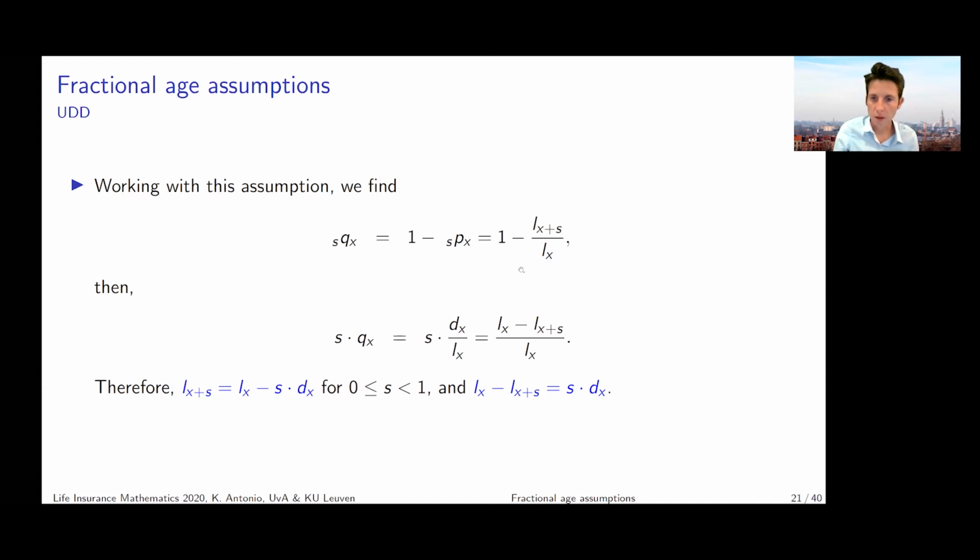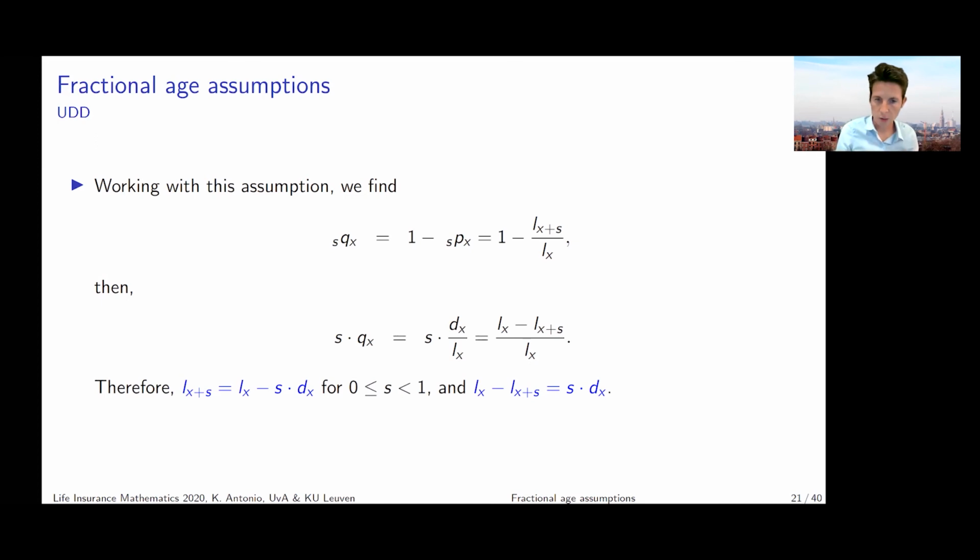So what do I know then? That this expression should be equal to the one at the bottom. And if I manipulate this expression, then that means that s multiplied with dx must be equal to lx minus l_{x+s}. So that means the number of people who die between age x and x plus s, I can write as s multiplied with dx, where dx is the number of people who die between x and x plus 1.